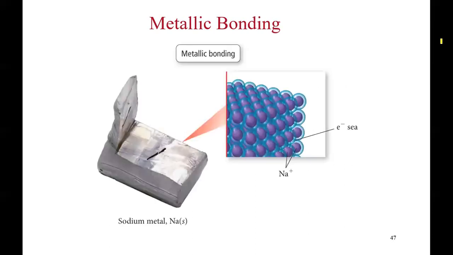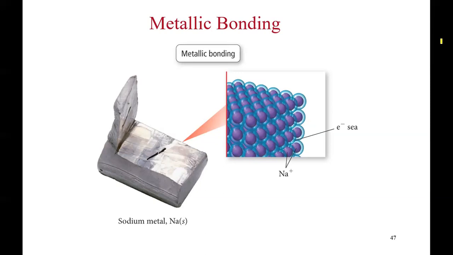Here's a picture of, let's say, sodium metal, which is not found in nature. We make it by a process to purify sodium metal. If you could look at the atomic structure, you can see these islands, the inner purple-looking spheres, which would be the nuclei of the sodium atoms surrounded by the electron cloud of their core electrons, which for a single sodium atom would be 10 electrons, just like neon.